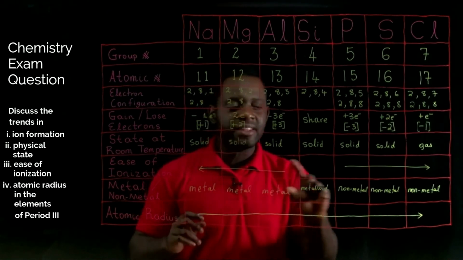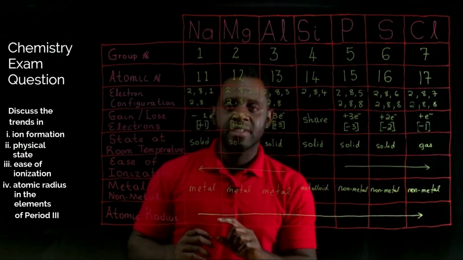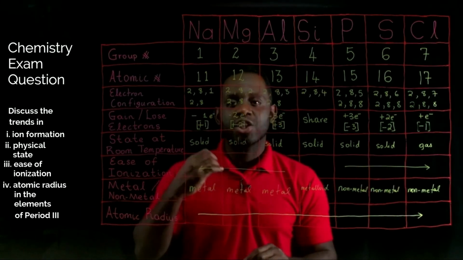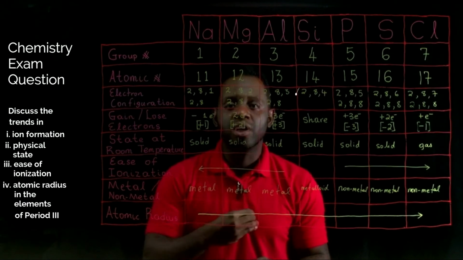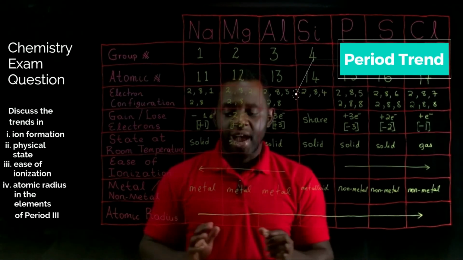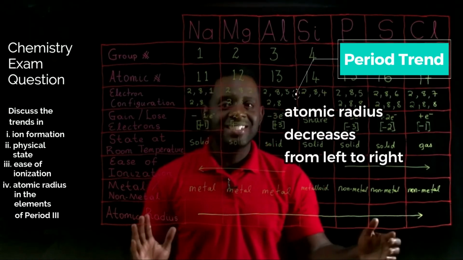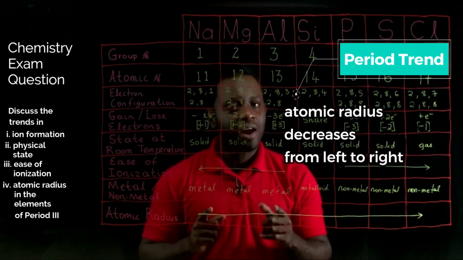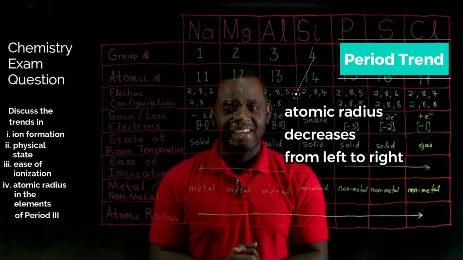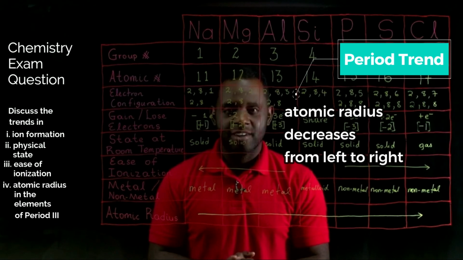So we are filling the same shell going across from left to right, but we're also increasing the attractive power of the nucleus for the valence electrons, and so atomic radius decreases because there's an increase in effective nuclear charge.